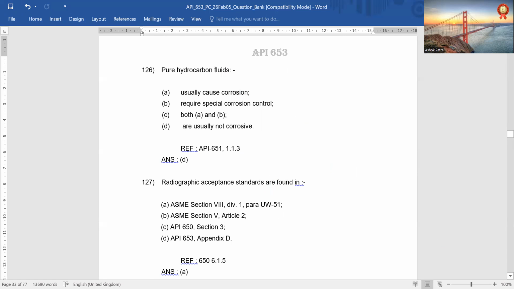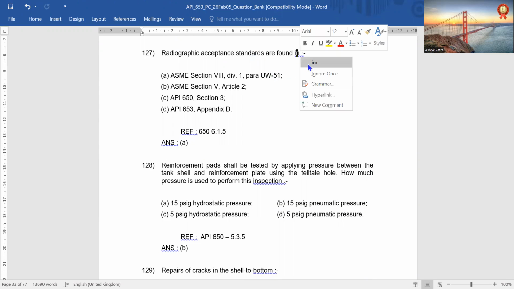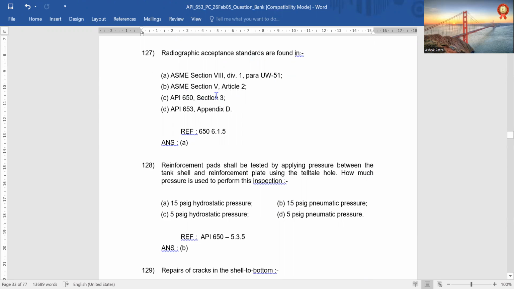Radiographic acceptance standards are found in ASME Section 8, paragraph UW-51.